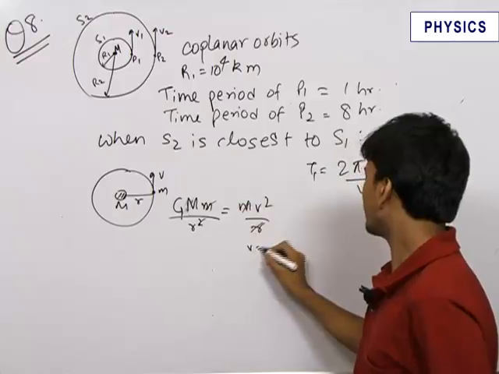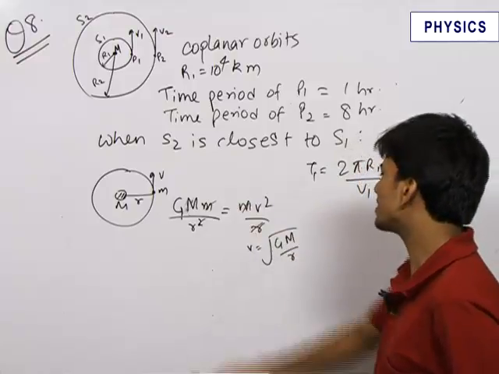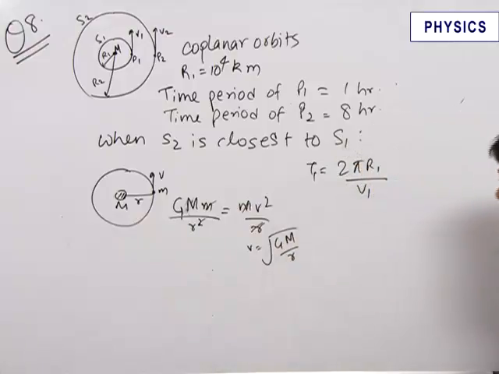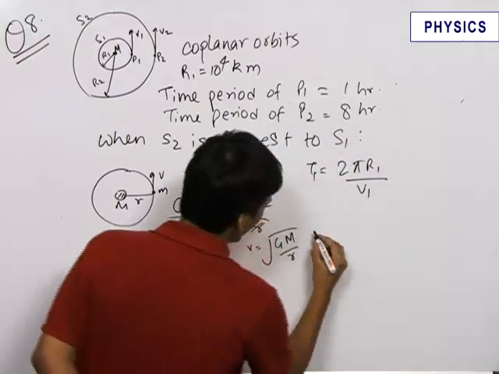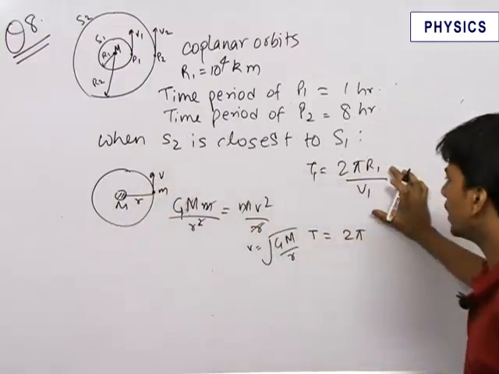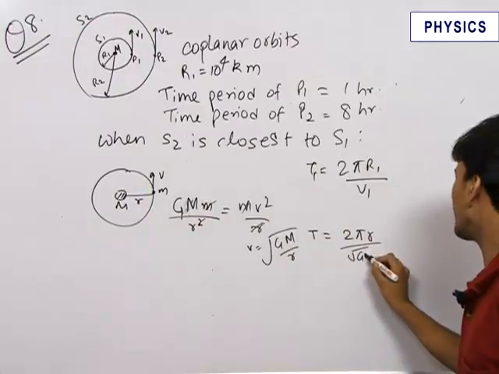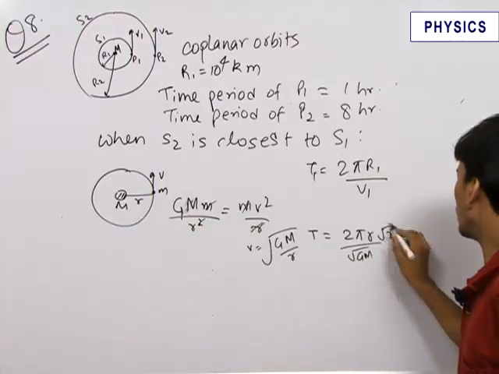Therefore, we get v is equal to root over GM upon r, where M is the mass of the central planet. Now we also know that time period is equal to 2 pi r upon v, where r is the radius of the path.